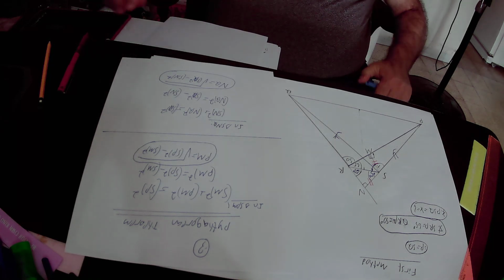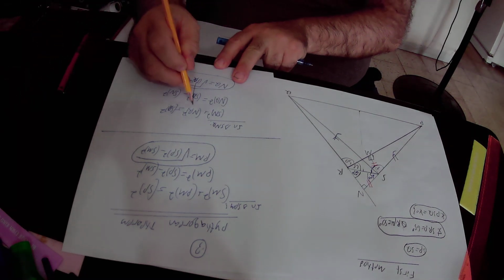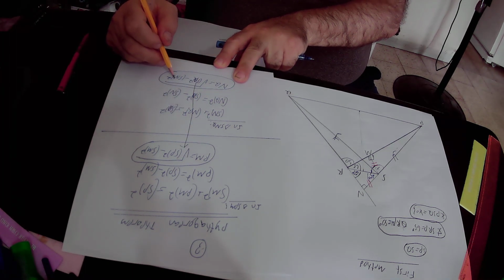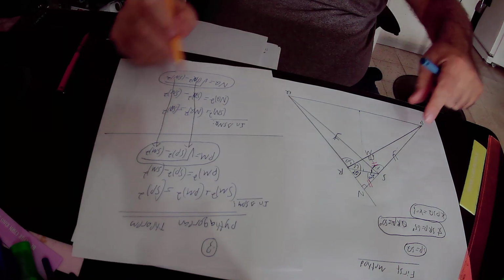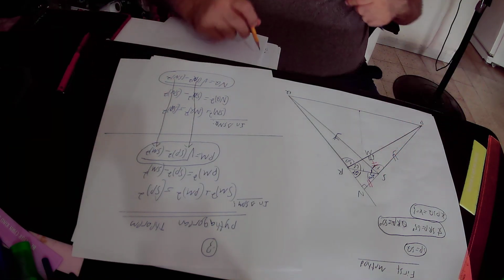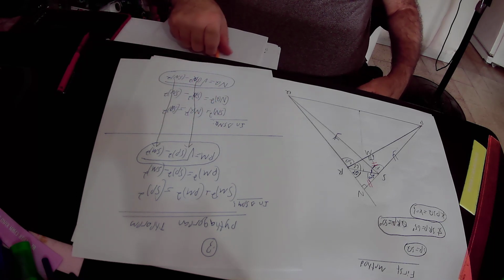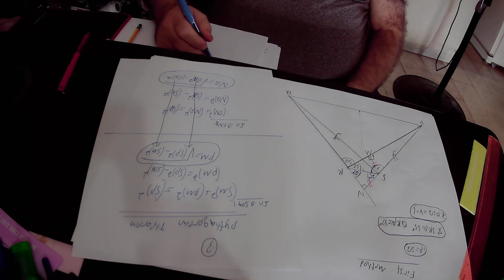Again, we know that SP equals SQ according to what is given in the question, and we also know that SN equals SM. So those two expressions are equal to each other. Therefore, we can conclude that PM equals NQ.